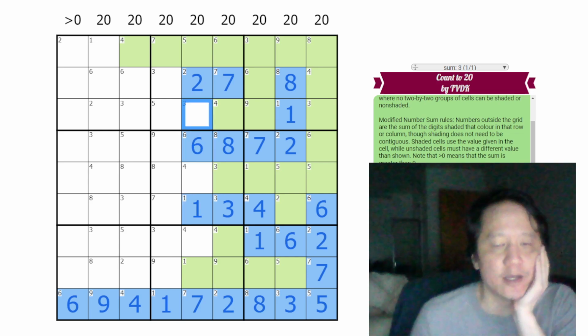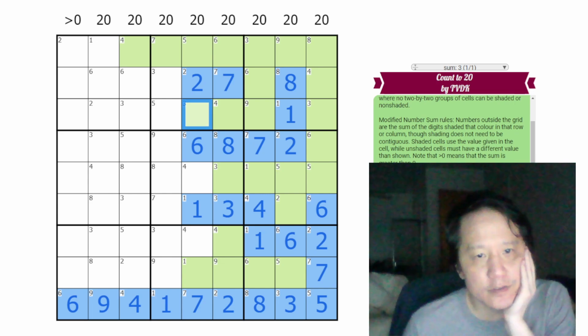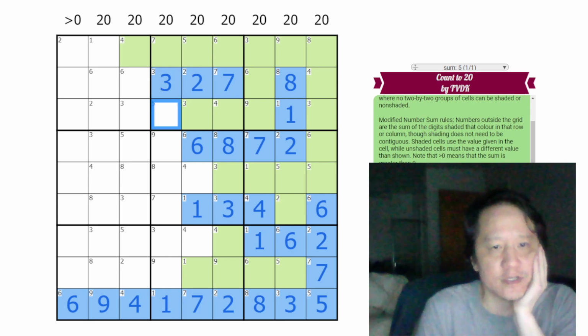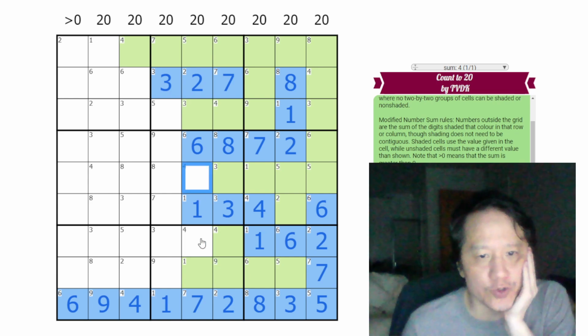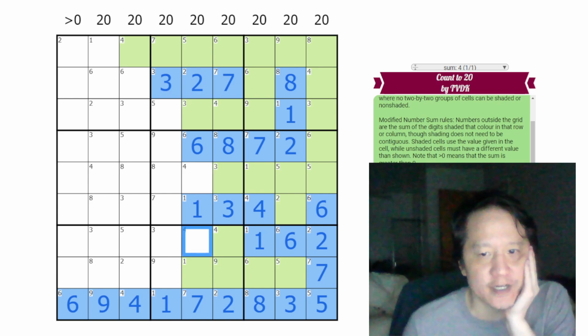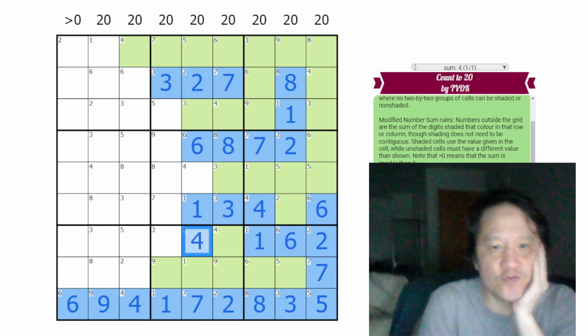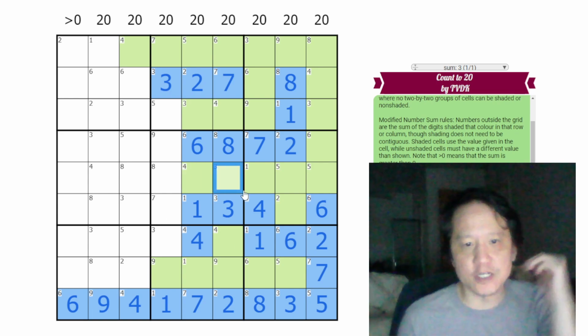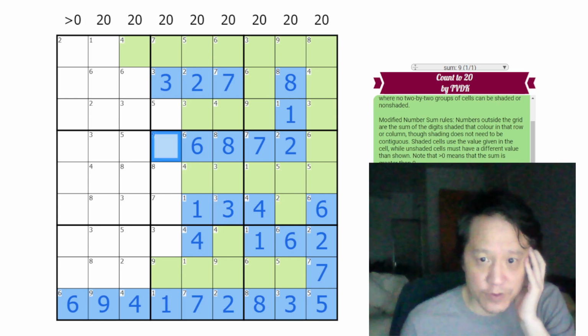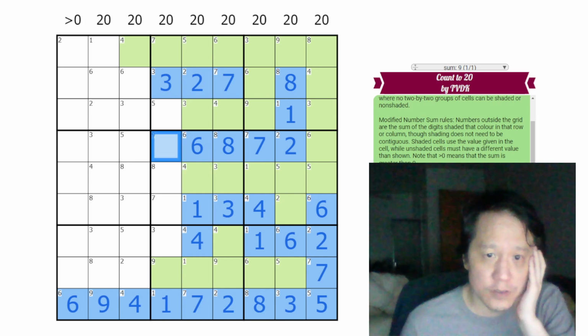The 3 cannot be, so that's not shaded. Therefore, this has to be shaded because of the contiguous set. And one of these 2 is shaded, and therefore this has to be the shaded one because we have 3 unshaded. Therefore, this is unshaded too. So this is 4. This is unshaded because it can't be 4. Therefore, this has to be shaded. So this is 9.